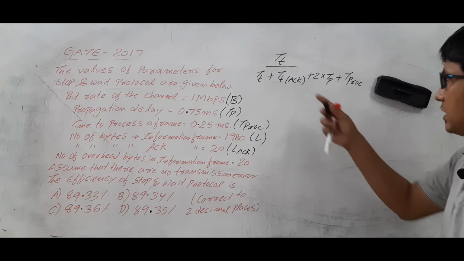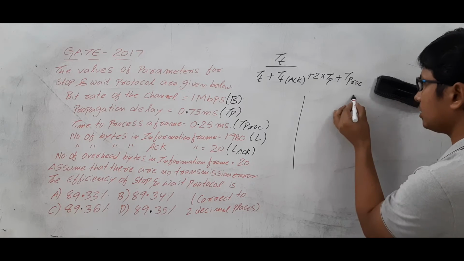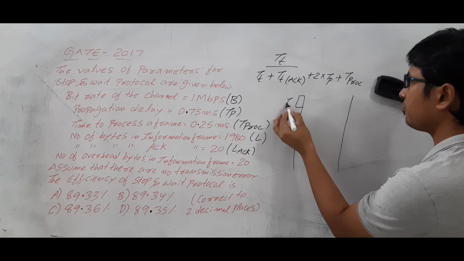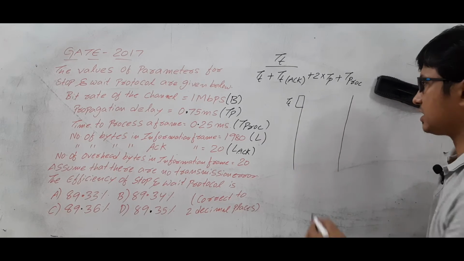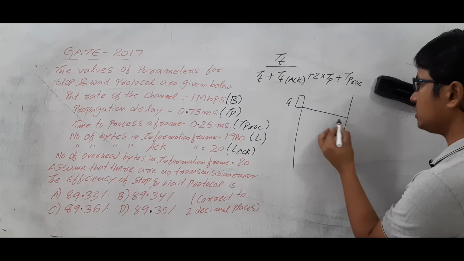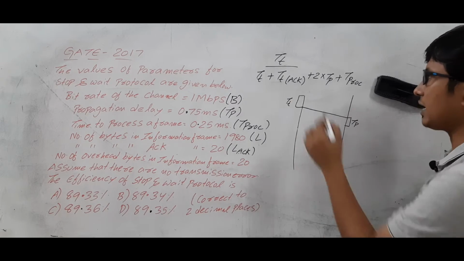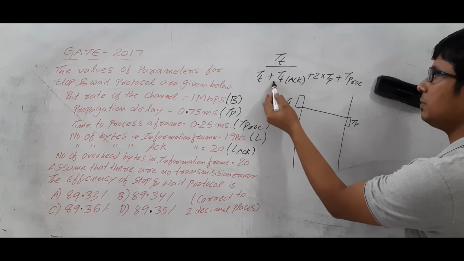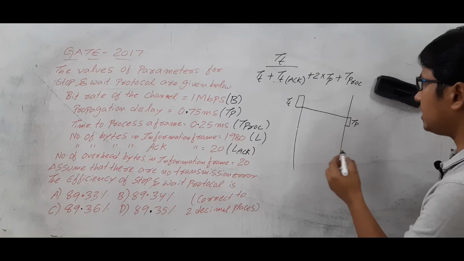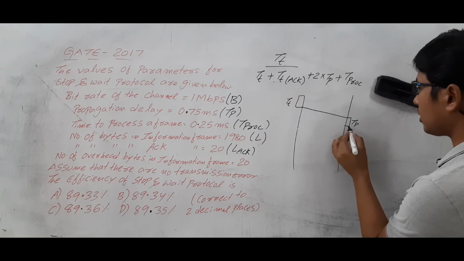If you do not understand this equation, let me tell you in a simple way. In the stop and wait protocol, you are sending a data frame, and it will take some time to reach. This time we call the propagation delay. So that is Tt plus the propagation delay, and then you have to transfer the acknowledgement.